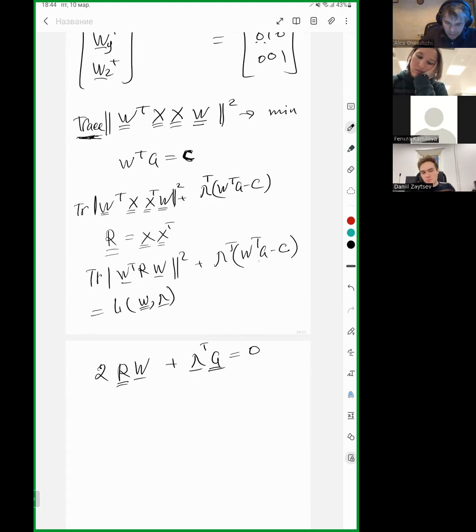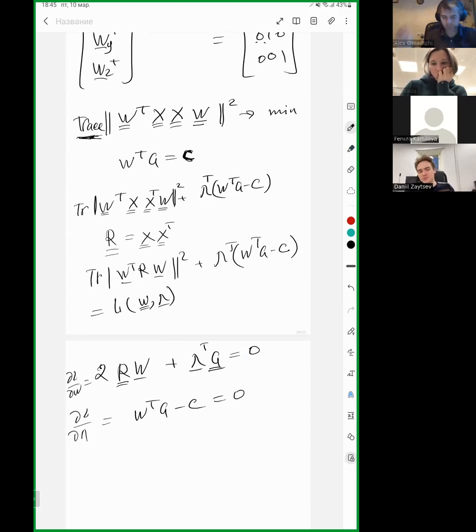Then you take the second equation. If you take the derivative with respect to lambda, so this is dL/dW, very similar, symbolically almost exactly the same. With d lambda, you will get simply the constraint minus C equal 0.